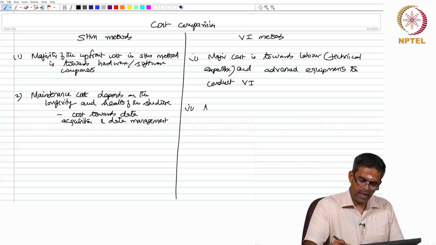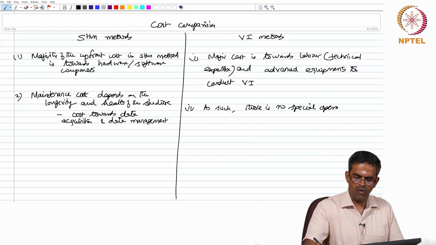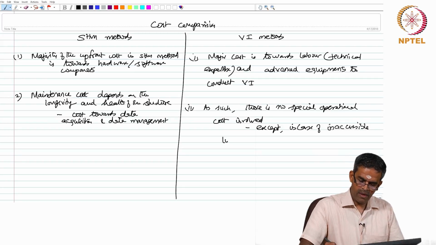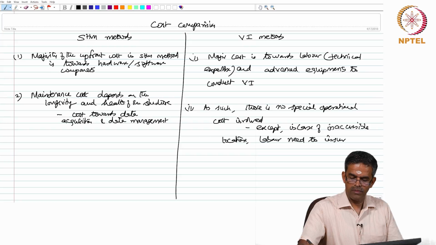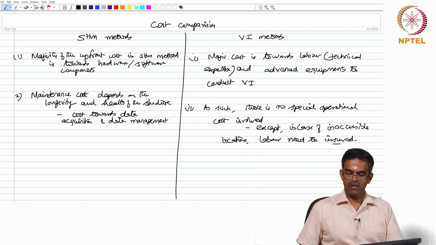In this case, as such, there is no special operational cost involved, except in case of inaccessible locations like offshore structures, the labor need to be insured. So, that may be slightly a marginal increase in operational cost when you do it for special kinds of structures.